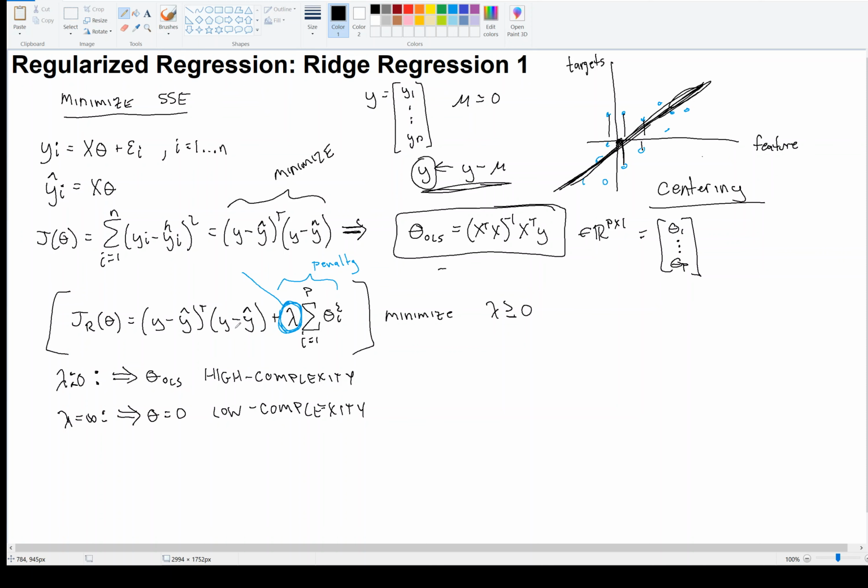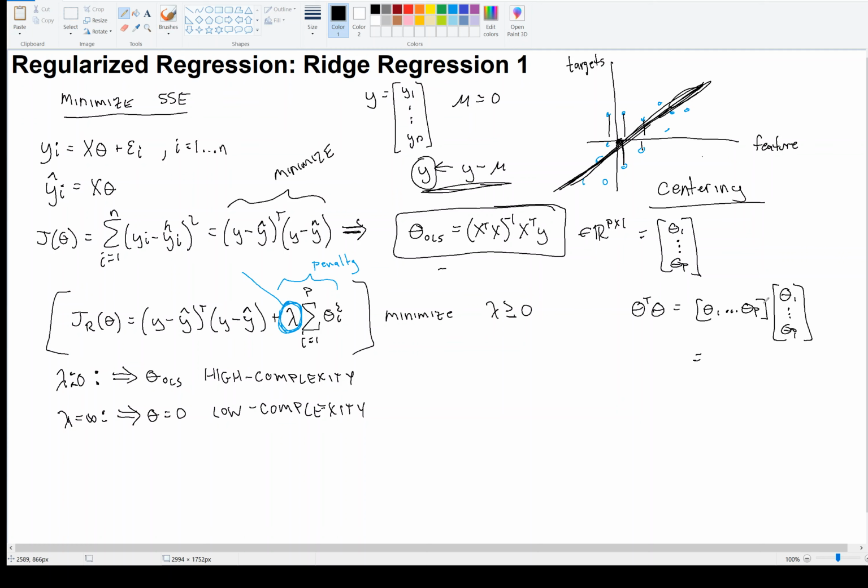Okay, and the way you do this, actually, is observe that if theta is theta 1 through theta p, then notice that theta transpose theta is this row vector theta 1 through theta p times the column vector theta 1 through theta p. And what does that give you?